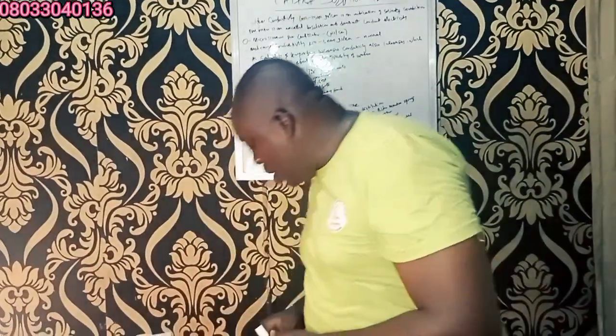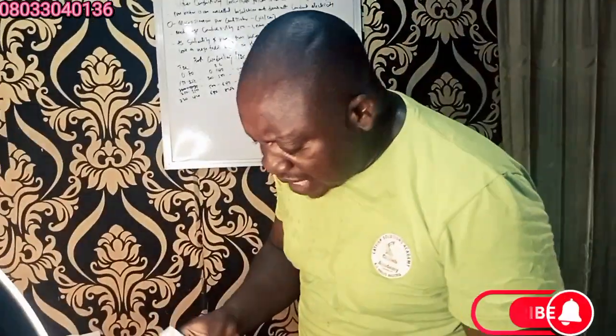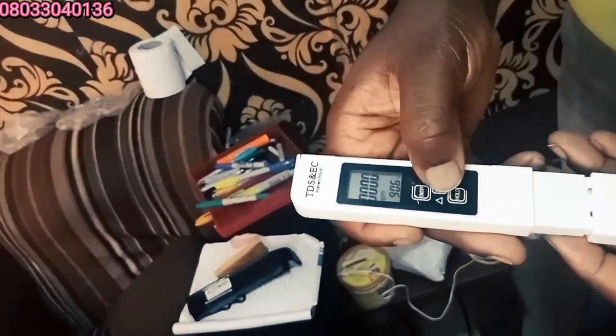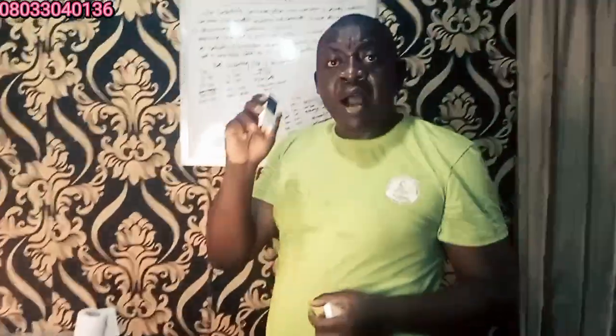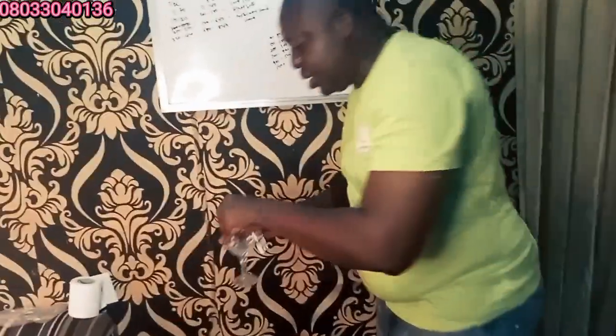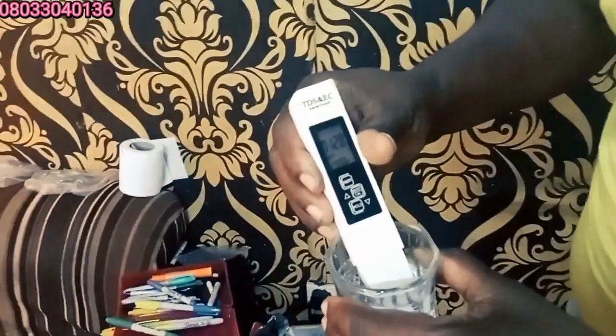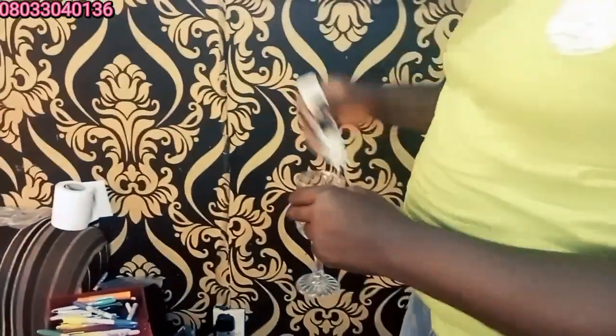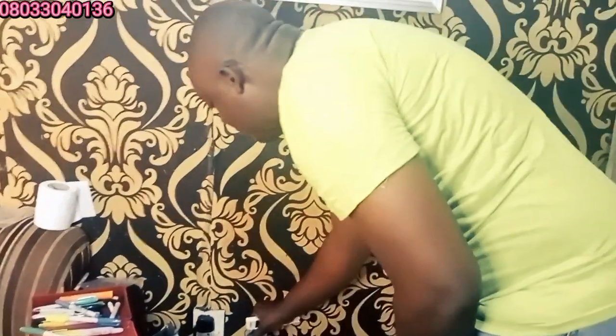And let me now go to what we call the total dissolved solids. For total dissolved solids, the only thing you do is come here, off it, and on it, and put it to what we call the ppm. So this is the ppm. The ppm stands for parts per million, and the ppm for my borehole water now, let me just put it here, tells me I have 128.